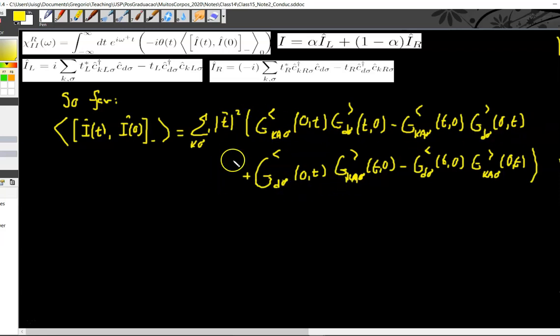So what do we do with that? Essentially what we want to calculate is this Fourier transform, and at the end we want to take the imaginary part of this.